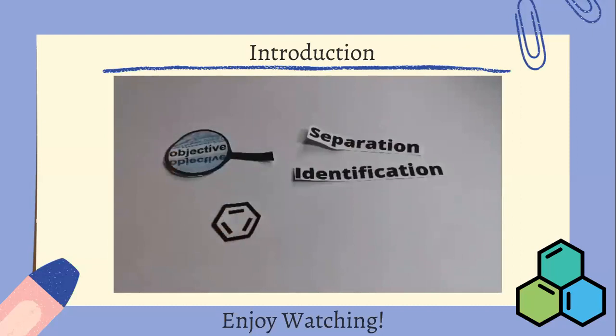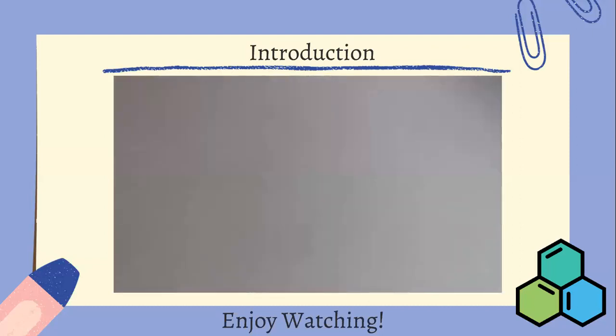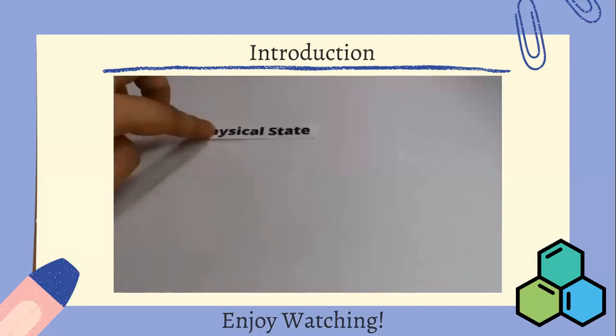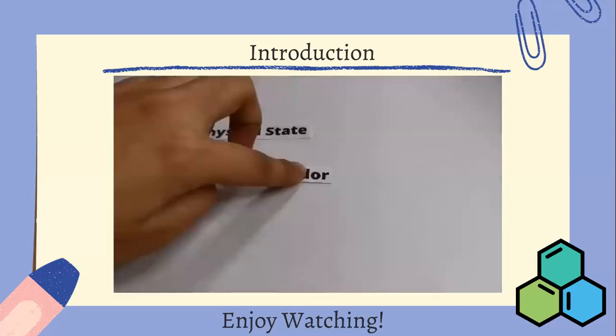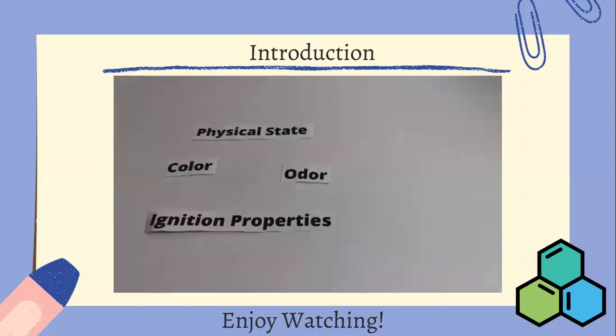In order to accomplish this goal, one must not ignore a preliminary examination of the unknown sample. Among the properties that can be examined in a sample are its physical state, color, odor, and its ignition properties.